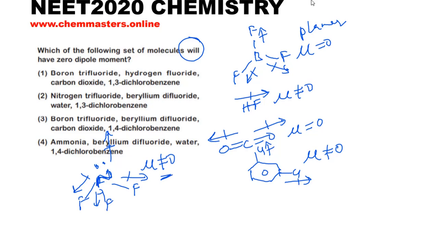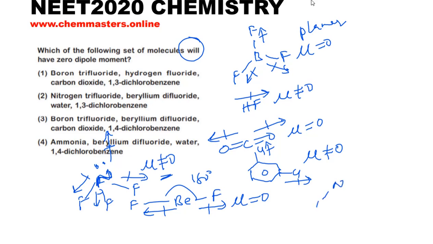Okay, right. And the next one, beryllium difluoride. Beryllium difluoride is in a linear geometry. In this case you can see 180 degrees, where the dipole vectors cancel each other, so mu equals 0 for it. Okay, and next we have ammonia.